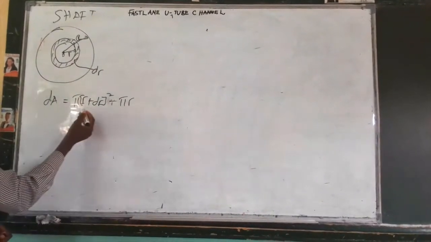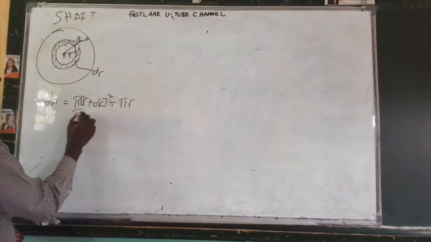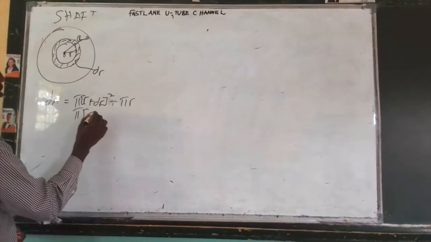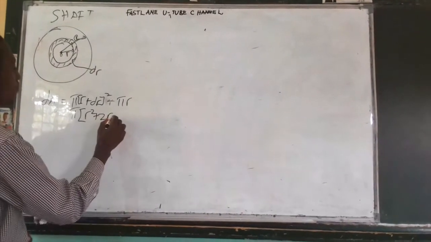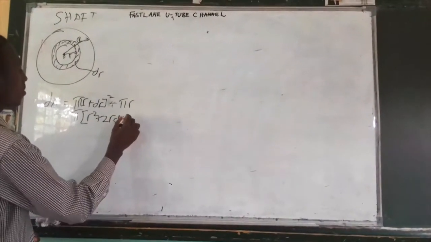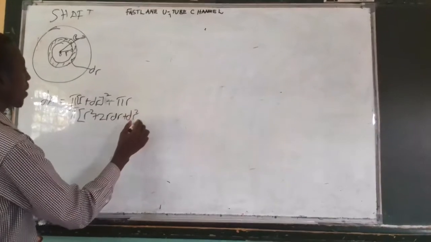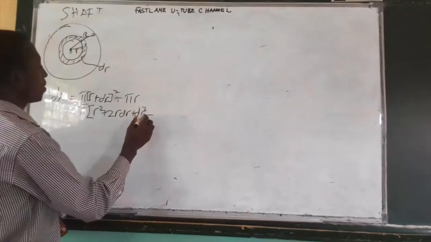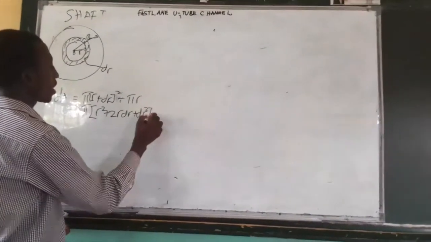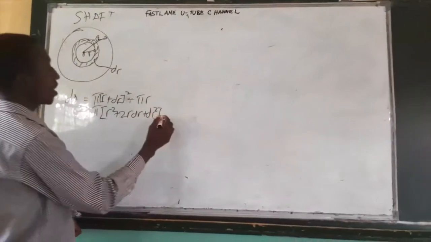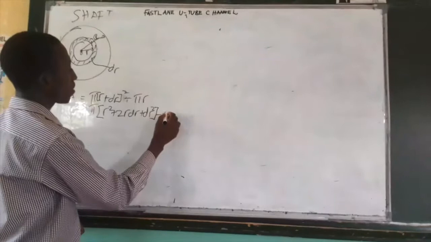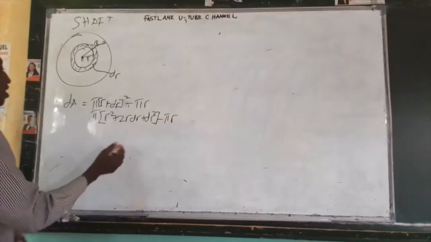When we open the bracket, it will be pi into r squared plus 2r dr plus dr squared. This is the bracket I've opened, r plus dr squared. Then we subtract pi r squared.